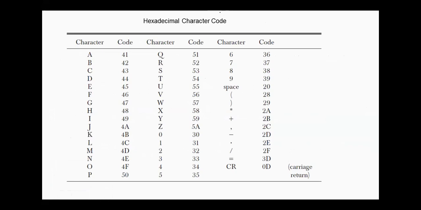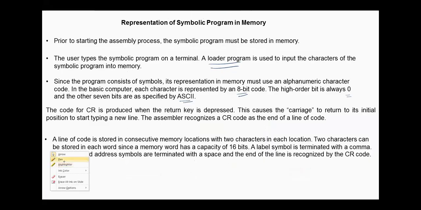And here we have the hexadecimal character code for the letter A, hexadecimal 41, B 42, etc. The code for the carriage return is produced when the return key is depressed. This causes the carriage to return to its initial position to start typing a new line. The assembler recognizes a carriage return code as the end of a line of code.